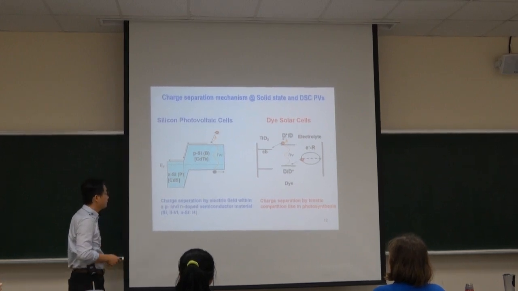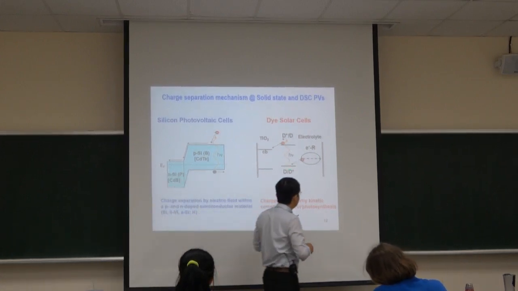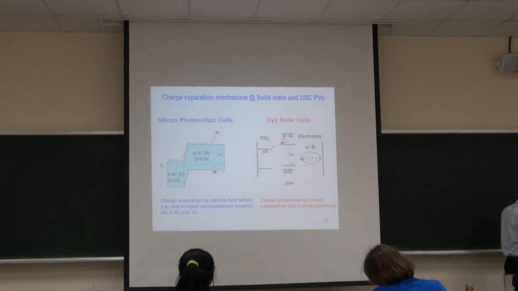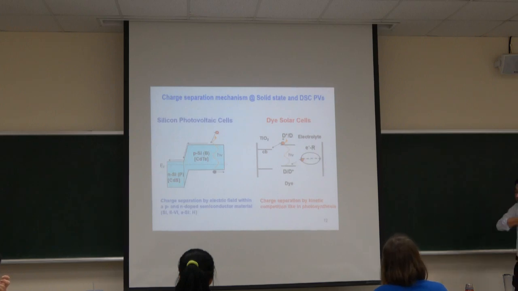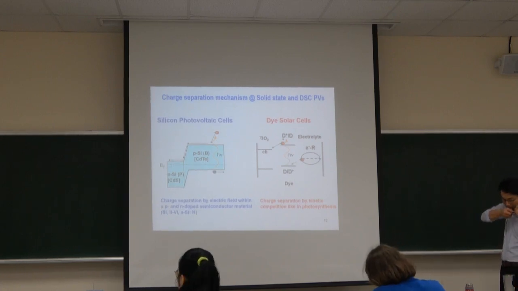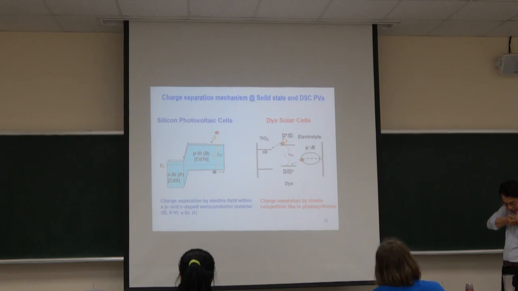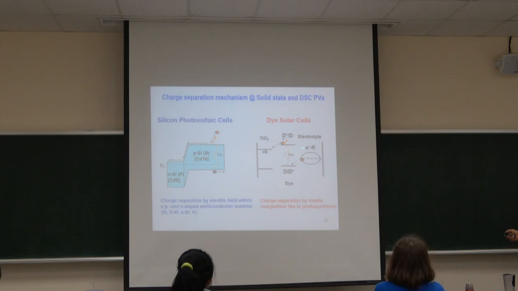And for the dye-sensitized solar cell, you can see it is a sandwich structure.